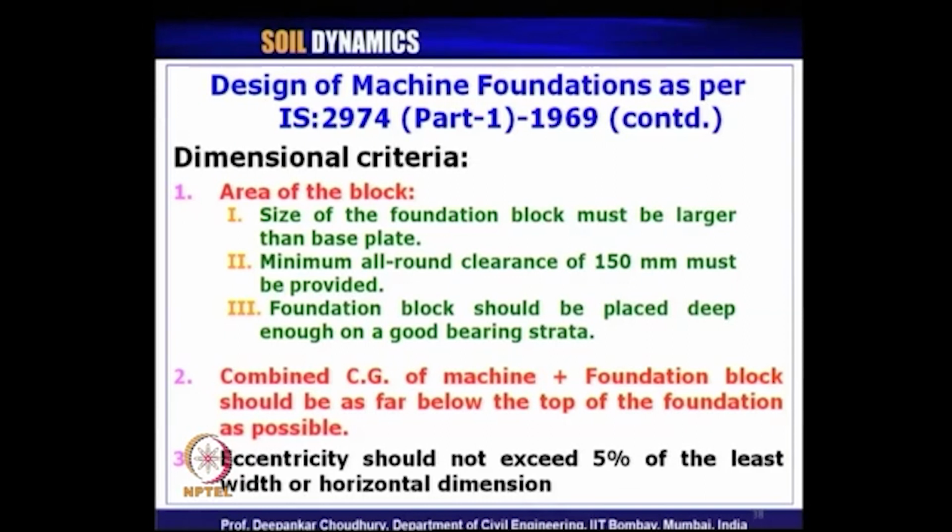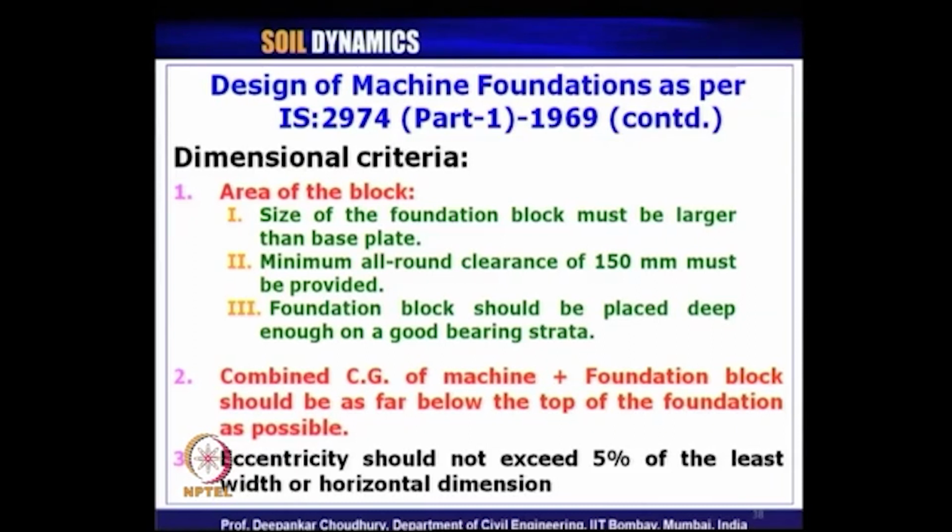Now, you combine them. This combined CG of the machine plus foundation block should be as far below the top of the foundation as possible. That is, it should be as close as possible to the base of the machine plus foundation system. Why?